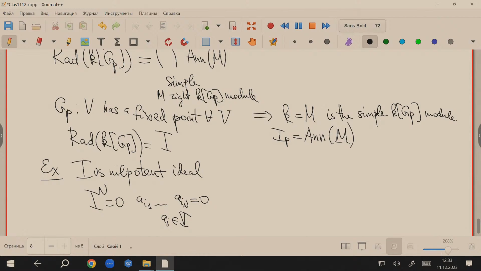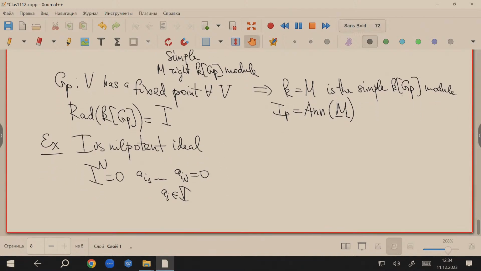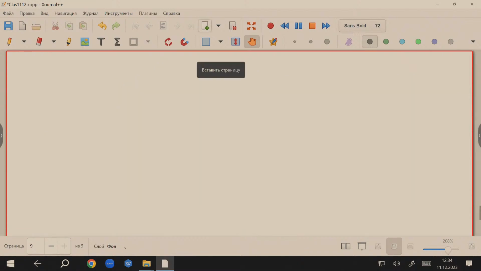That's why a posteriori you know that the radical is actually a maximal nilpotent two-sided ideal in your algebra. So you also have the Nakayama lemma in a non-commutative setting.